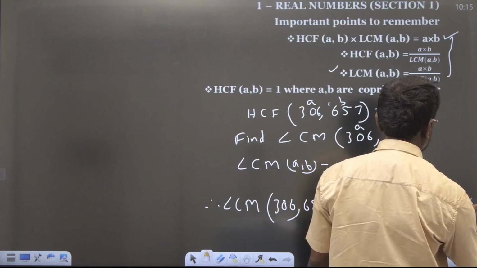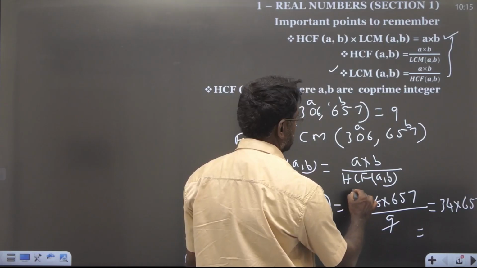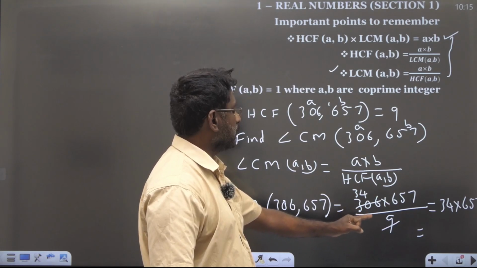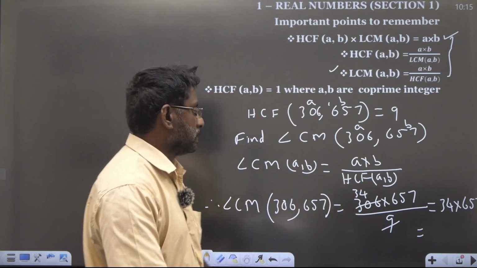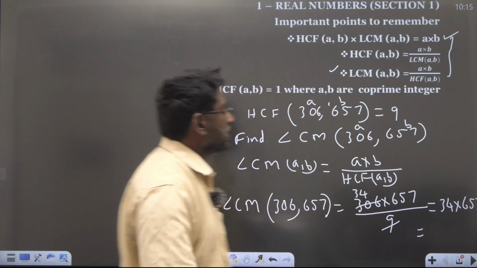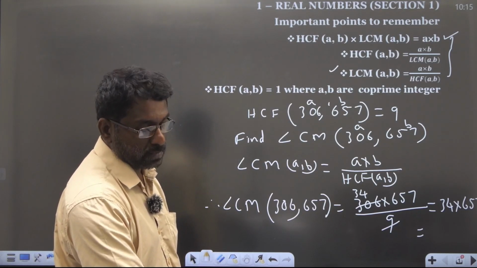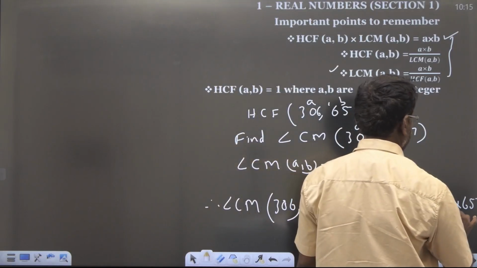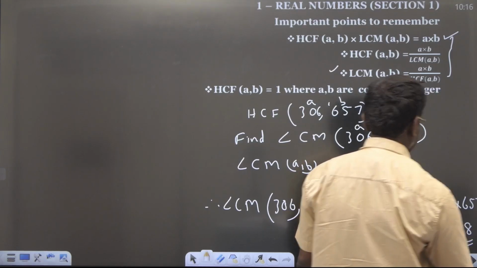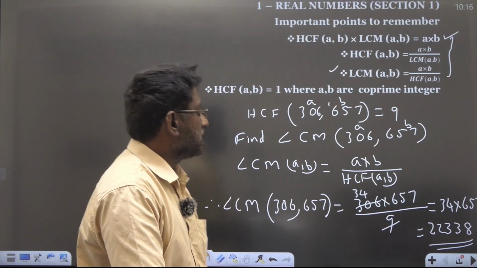So 34 into 657. 34 into 657, you multiply 34 with 657, that is equal to 22,338.